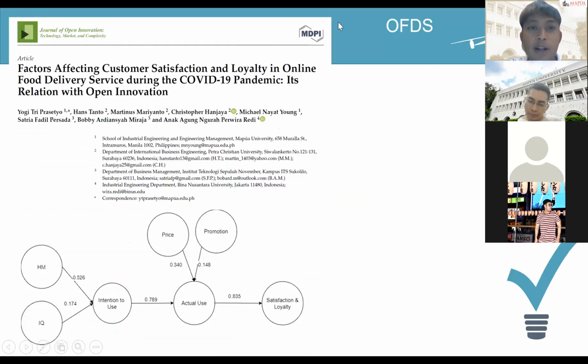This is another one, on online food delivery. This is during the early COVID, everyone. Online food delivery was actually quite a hot topic. Now it's still a hot topic, but already too many people use online food delivery nowadays. And eventually, what factors actually affect it the most?